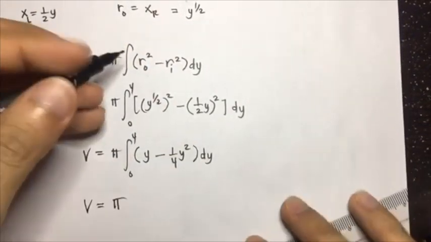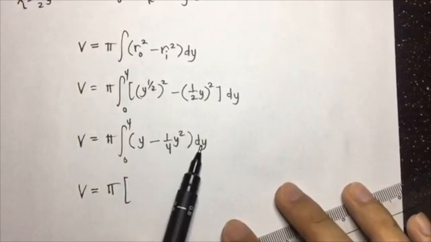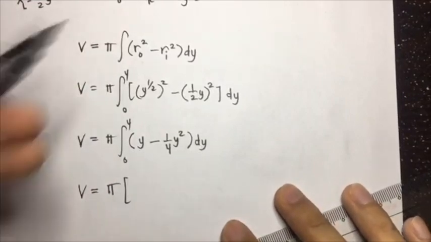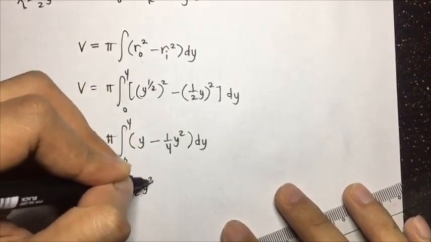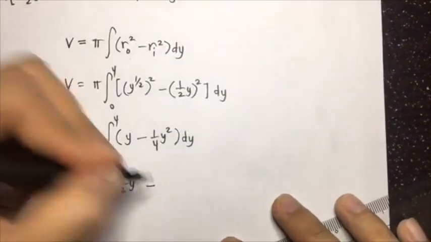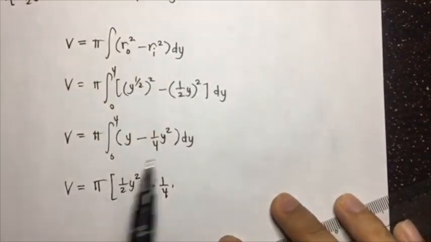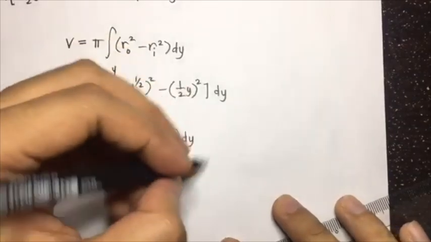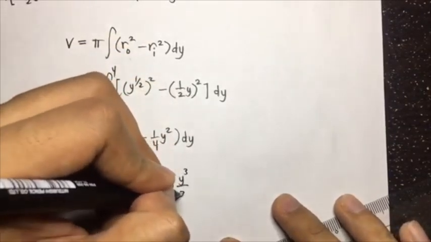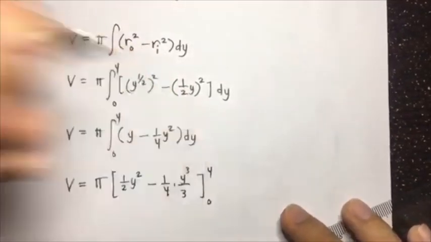So V is equal to pi integral of y dy is our formula, that will be y squared over 2, or 1/2 of y squared, minus, we have 1/4 multiplied by the integral of y squared dy, so that will be y cubed over 3, from 0 to 4.